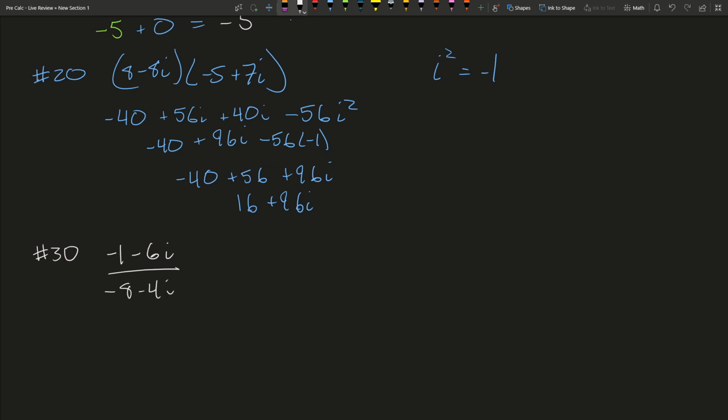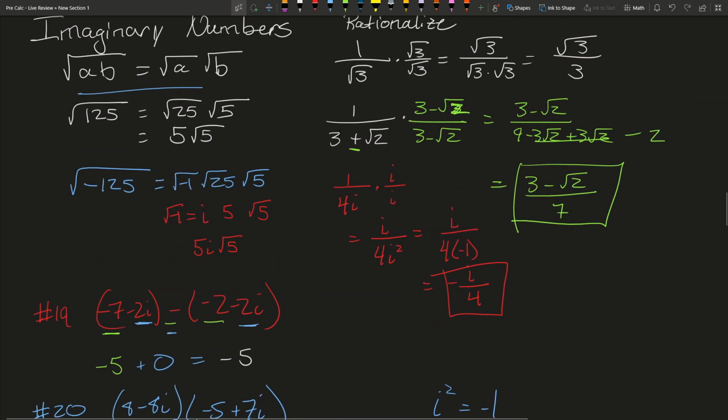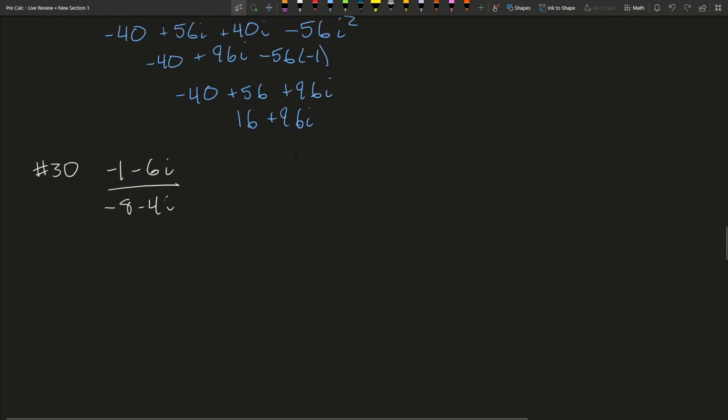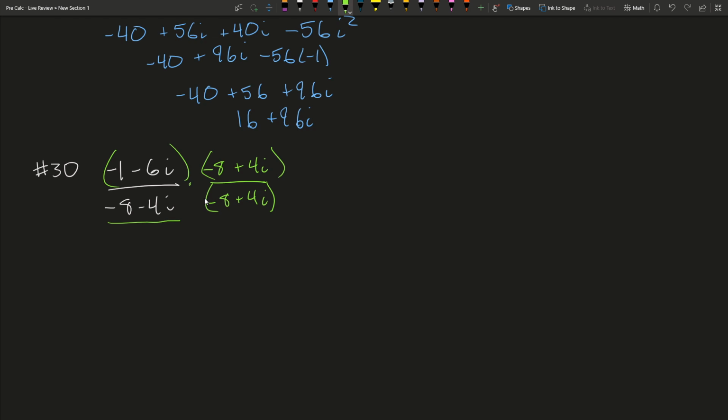So just like the radicals up above, we have to multiply by the conjugate of the denominator. So the conjugate of the denominator, again, is the same thing here, except we change the middle sign. So we need to multiply by negative 8 plus 4i over negative 8 plus 4i. And then we have to FOIL all of that.